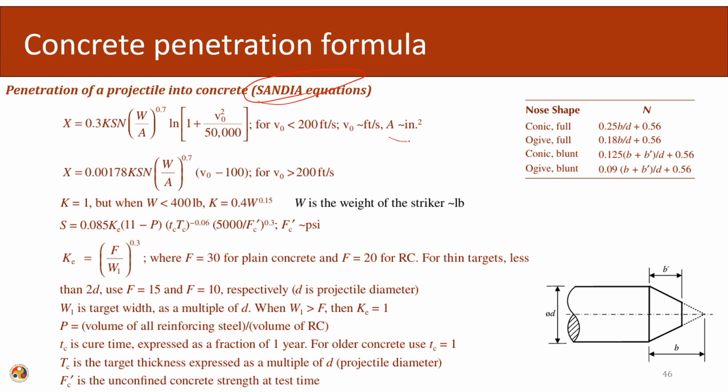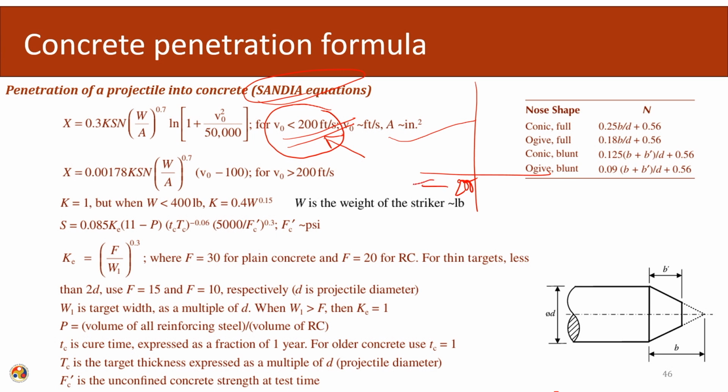Okay. So, again the first equation deals in the US customary units. Here if we look into this, it has a limitation for the velocity also. When those experiments were done, they categorized it into velocity, and they kept 200 as a cutting limit.